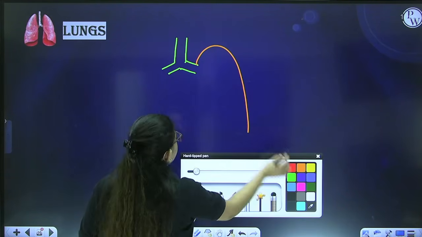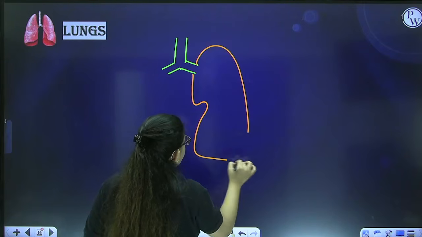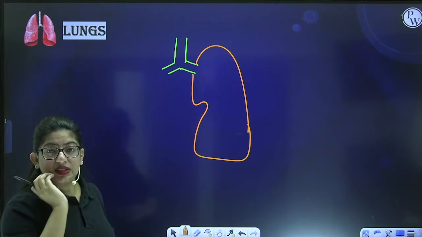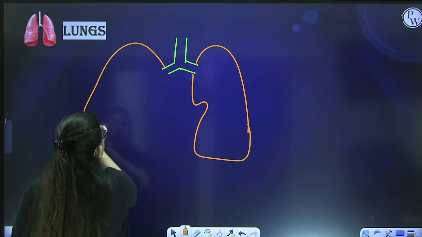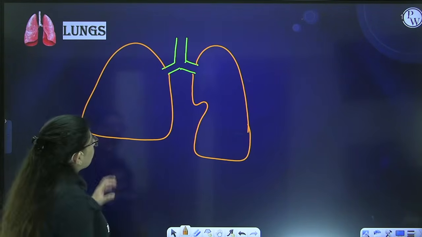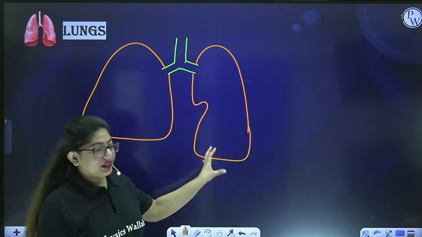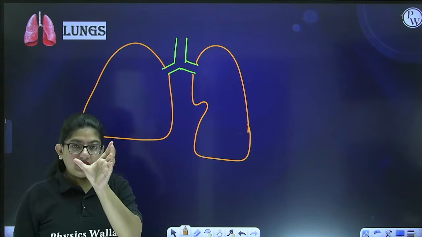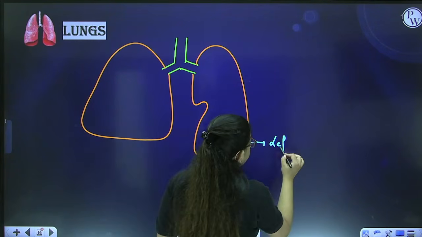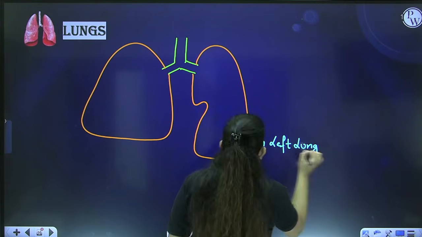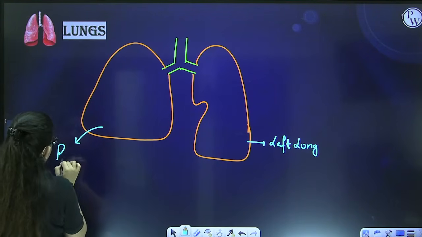So the entire respiratory tree is present inside the lungs. This is the right lung. As you can see, the right lung is broader and shorter, and the left lung is longer and a little thinner. So this one is your left lung and this one is your right lung.